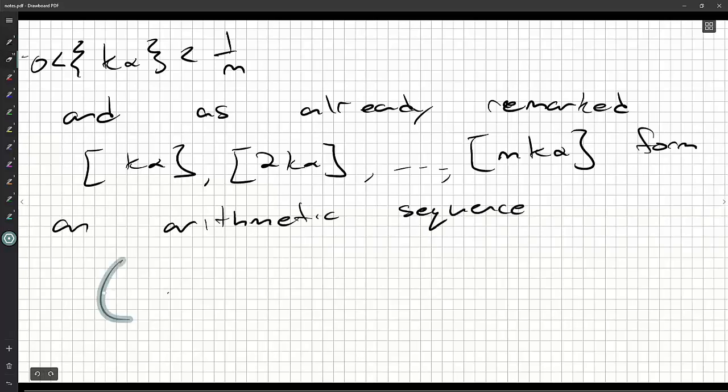And I don't think we really need to reiterate this. Because the fractional part is less than 1 over m, then the fractional parts of 2k alpha up to mk alpha will also be between 0 and 1. Yeah, I suppose we could write that.